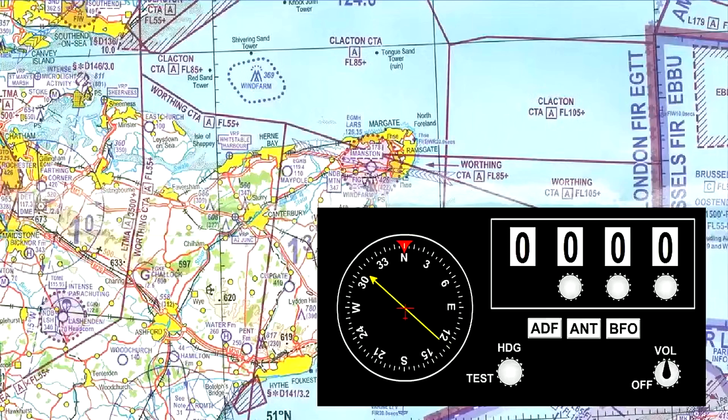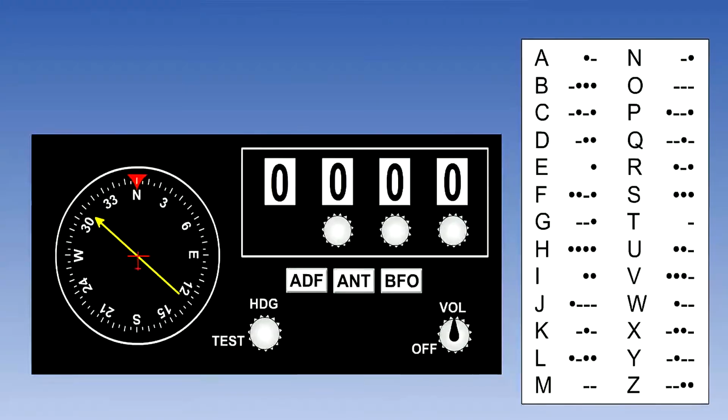But if you are selecting the NDB manually, you select the ADF button and enter the frequency. You must then check that you have selected the correct NDB by listening to the Morse identifier.